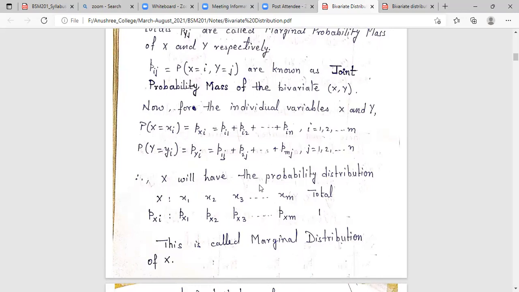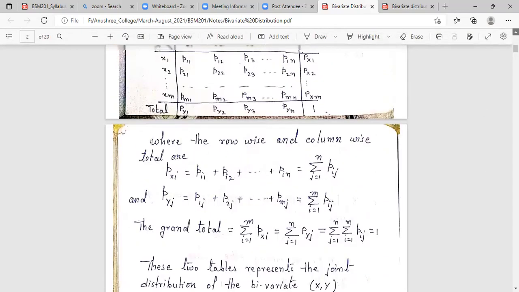So x will have its own probability distribution. If you are going to find the probability distribution of x only from the joint or bivariate data, how can I write that? The values of the random variable are x1, x2, x3, up to xm, and then Pxi, that means the probability that x equals x1, will be given from the table on the extreme right-hand side.